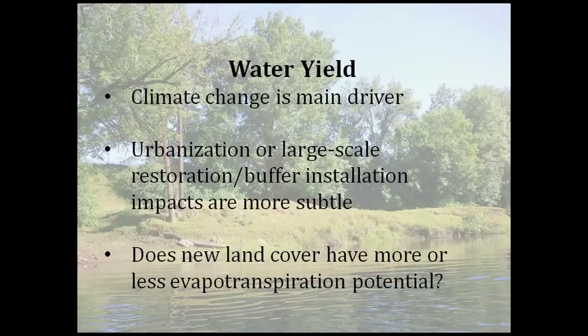Urbanization and the restoration impacts are a little more subtle, and so it's about whether the new land cover has more or less evapotranspiration potential. So are we going from agriculture to urban or natural vegetation to urban? That's what's actually affecting those values.